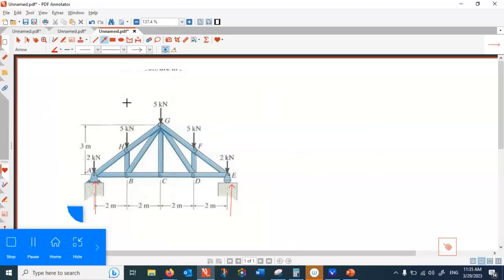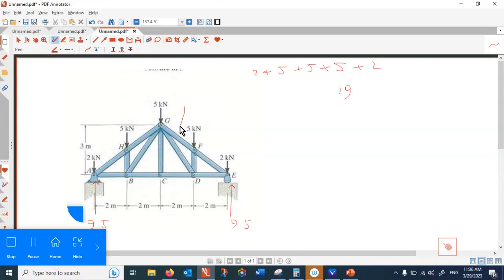So if I add all these numbers together, 2 plus 5 plus 5 plus 5 plus 2, 4 plus 15, that is 19. So that is 19 divided by 2, which is 9.5. So that is easy.